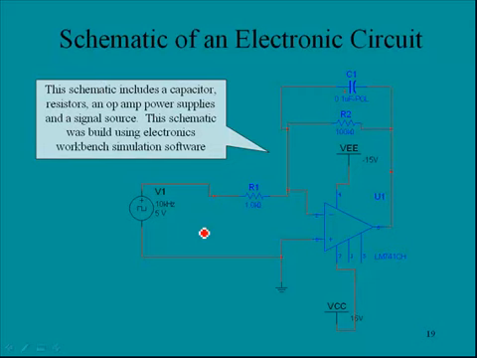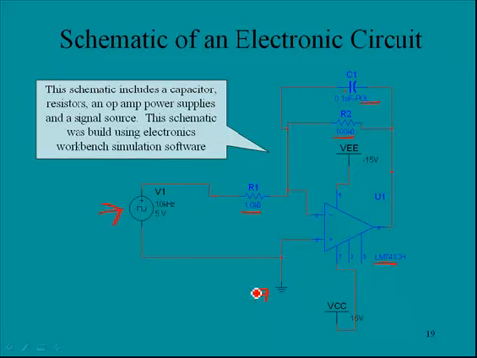In this particular case, we see a number of devices depicted. Here we have an op-amp. In this case, it's a 741 op-amp. We see a resistor. Here is a 1 k-ohm resistor. Here is another resistor. Here is a capacitor. Over here we show a signal source. In this case, the signal source is a square wave at 5 volts coming in at 10 kHz.